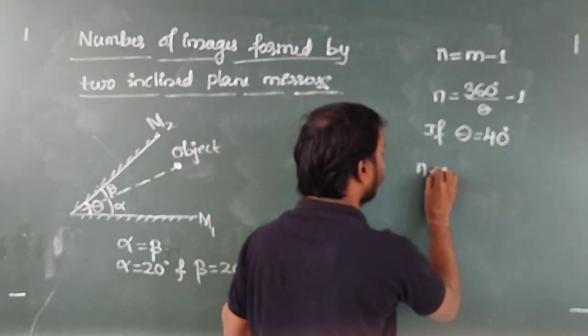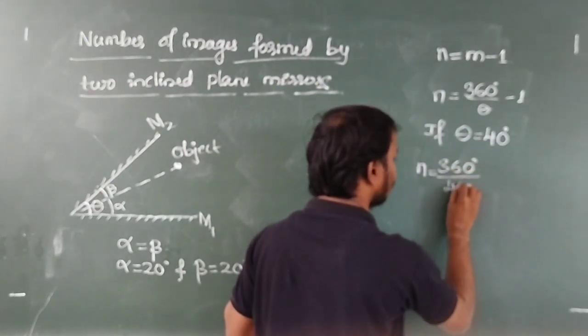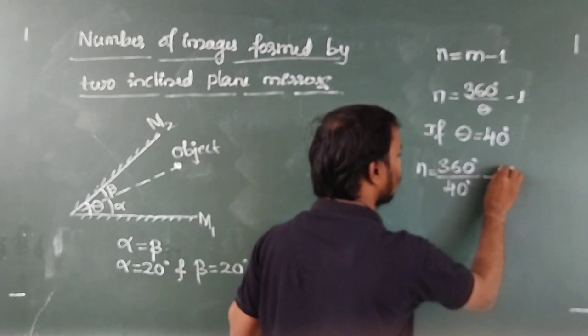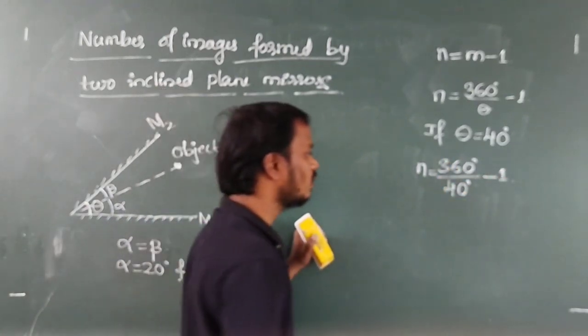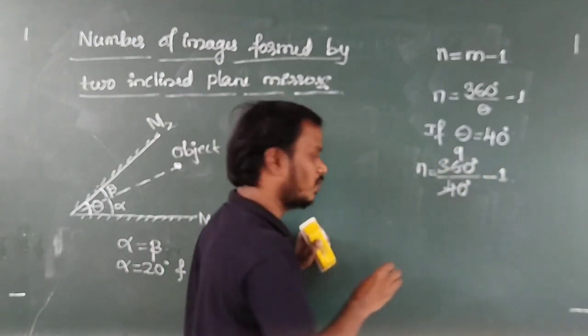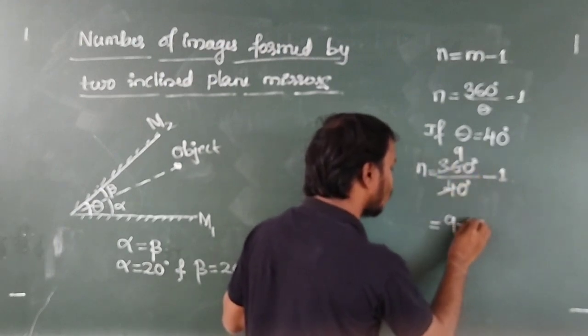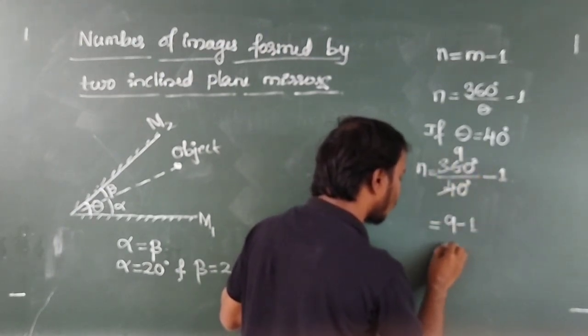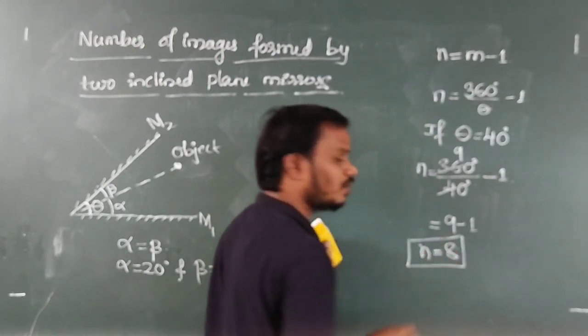Then n is equal to 360 degree divided by 40, minus 1. 360 by 40 is an odd number because 40 nines are 360. Then 9 is an odd number, so we have to subtract 1 from the 9, that is 9 minus 1. Then how many images are formed by the two inclined plane mirrors? That is n is equal to 8.